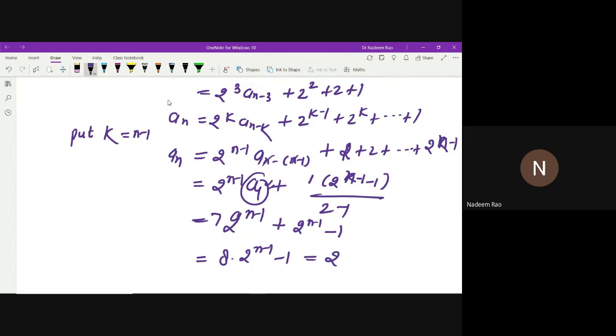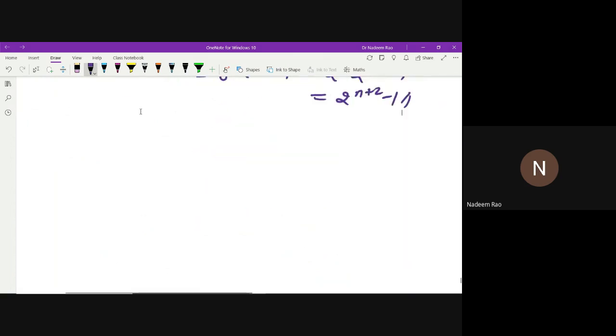And 8 can be written as 2 to the power 3, which is nothing but 2 to the power n plus 2 minus 1, which is the final required solution of the recurrence relation with the help of the iteration method.